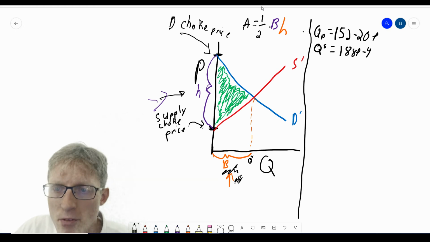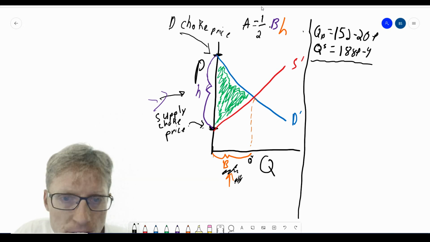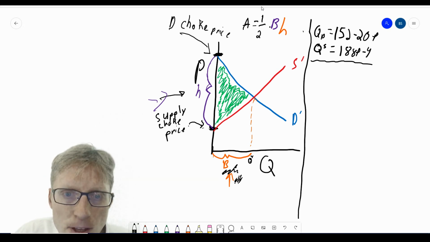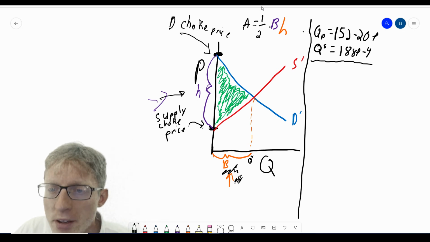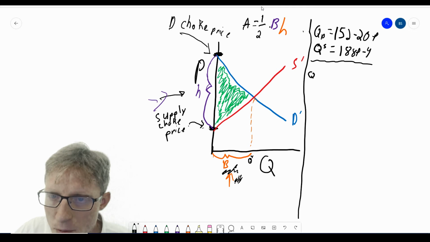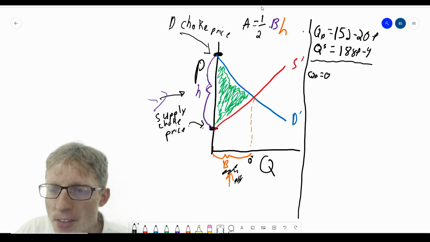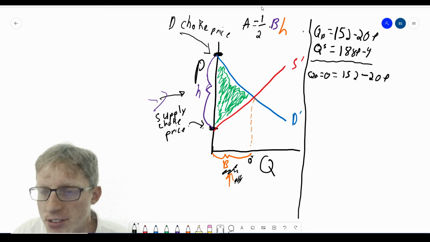So the first thing we're going to do is find the demand choke price. That's the height at this point here. That's the lowest price such that the amount demanded is equal to 0. The way we can solve for that is we can just set demand equal to 0. So the quantity demanded is equal to 0. And we know from this equation that the quantity demanded is equal to 152 minus 20 times the price.